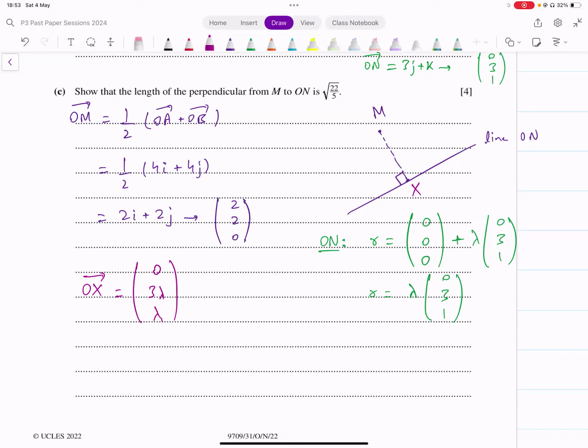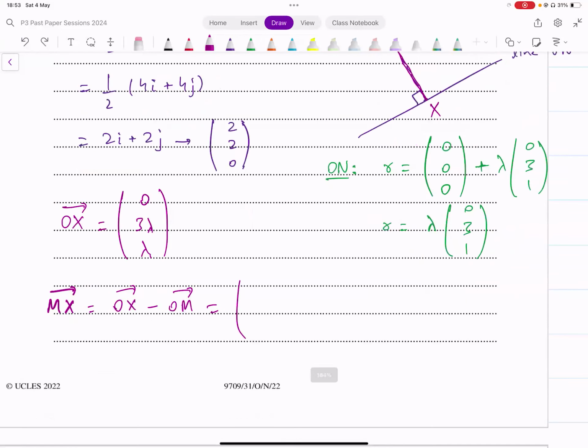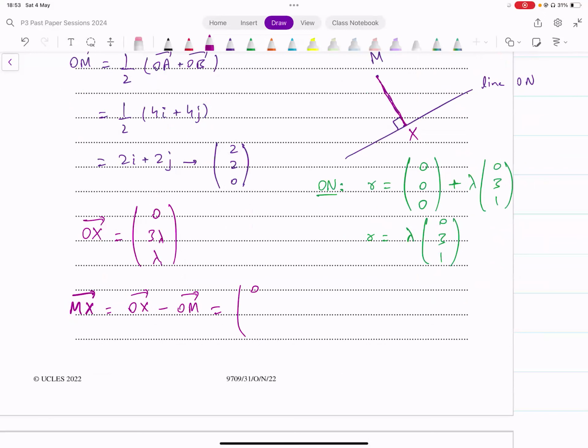That's OX. And now we need to find the vector MX somehow, because vector MX is supposed to be perpendicular to the direction of the line ON, and we would equate their dot product to 0. What's the vector MX? Vector MX is OX minus OM: 0, 3 lambda, lambda minus 2, 2, 0.